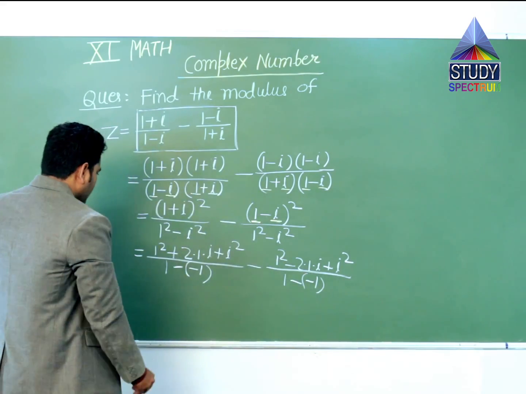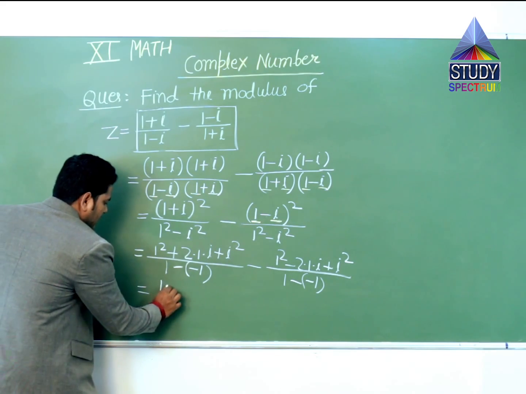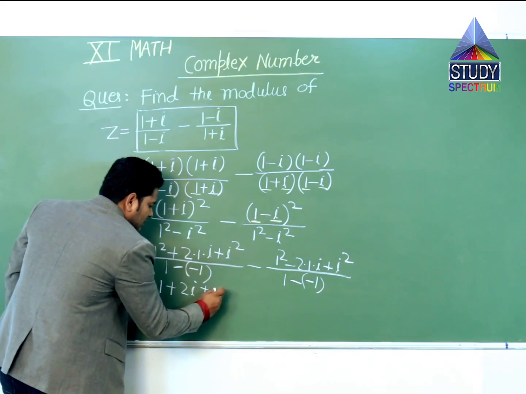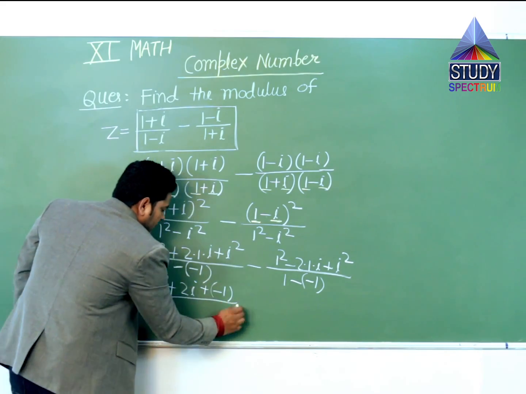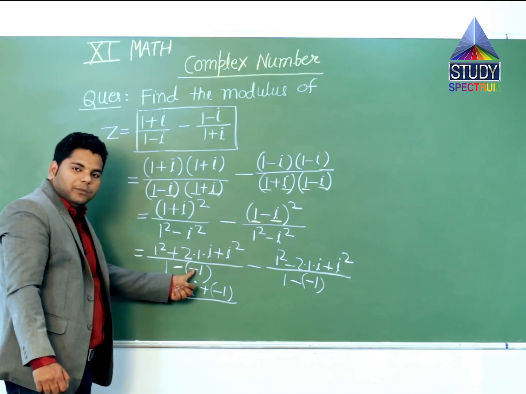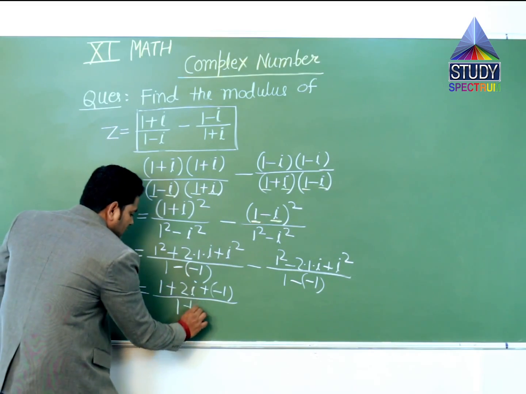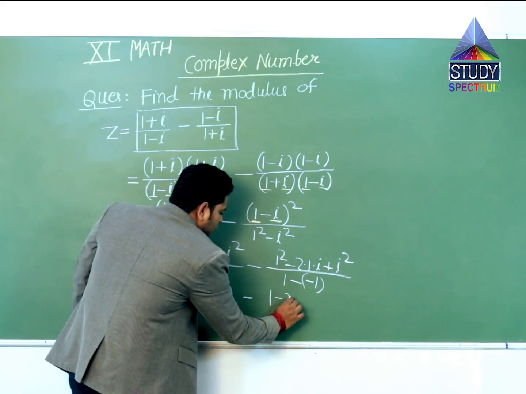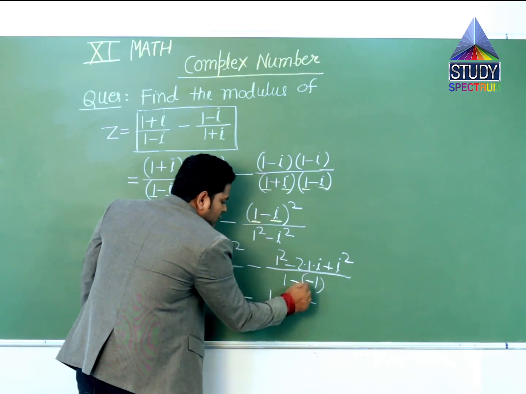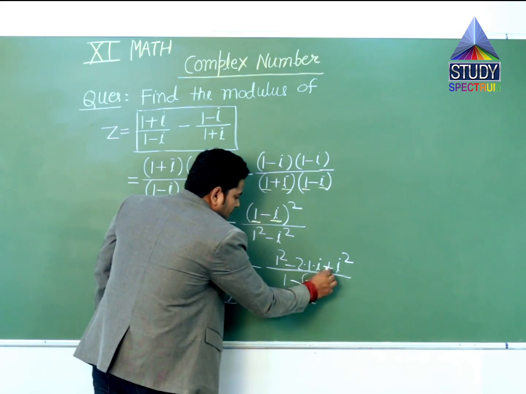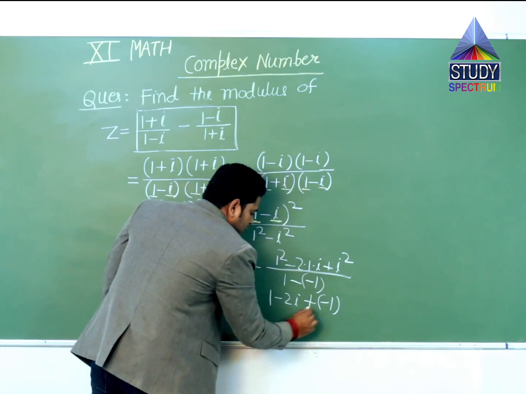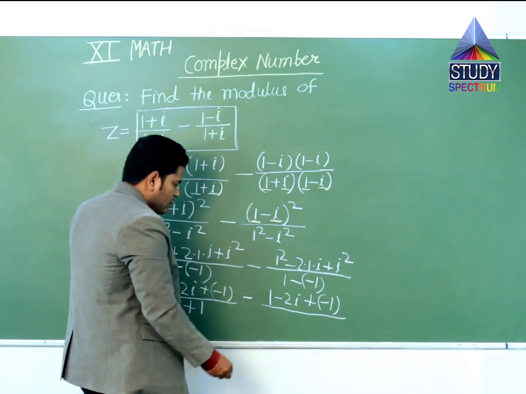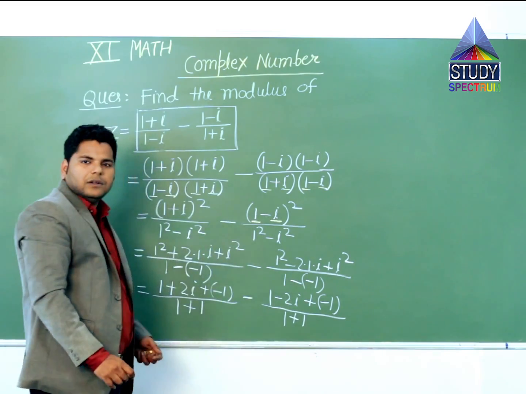Got it? 1² is 1, plus 2 into 1 into i is 2i, plus i² is −1, and in the denominator 1 minus into minus is plus, so 1 + 1. Now minus: 1² is 1 minus 2i, plus i² is −1, and in the denominator 1 + 1. Got it?